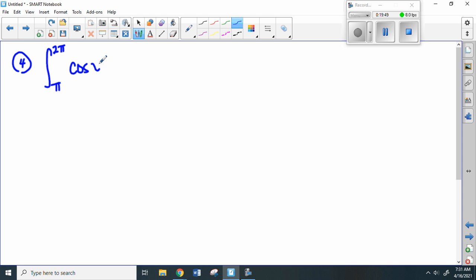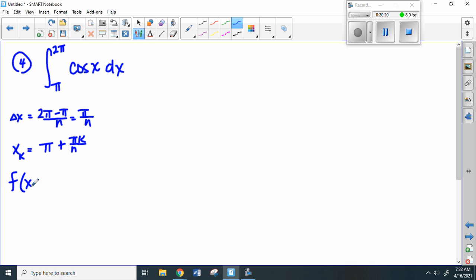All right, so let's say we put a cosine function in here, and all I want you to do is rewrite it as the limit of a Riemann sum, okay? So remember what we need. We need delta x, which is b minus a over n, and we simplify. We need x sub k, which is the a bound plus delta x times k. And then we need to understand what our function is going to look like when we plug that in.